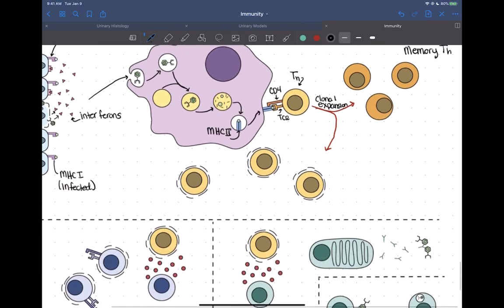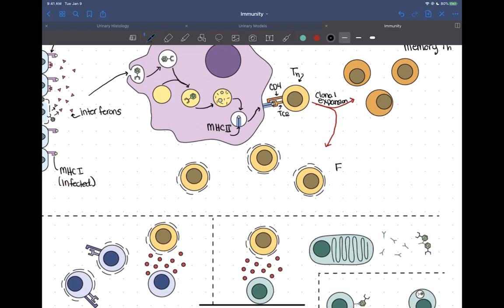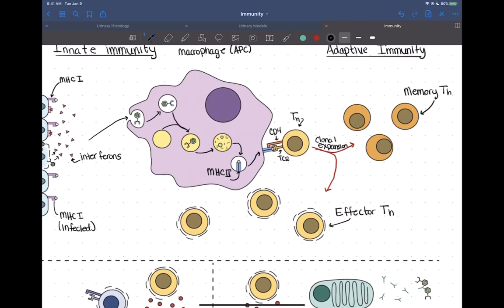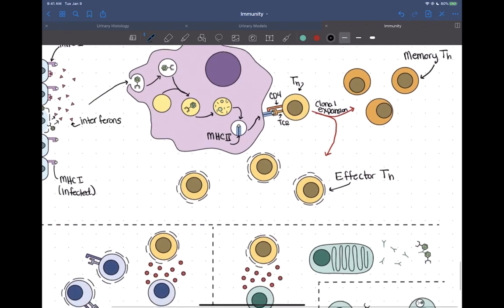And over here, we have the effector T helper cells. So now we've activated the first step in our adaptive immune response. The antigen presenting cell has presented an antigen to a T helper cell, and that T helper cell is activated through clonal expansion to make memory cells and effector T helper cells.